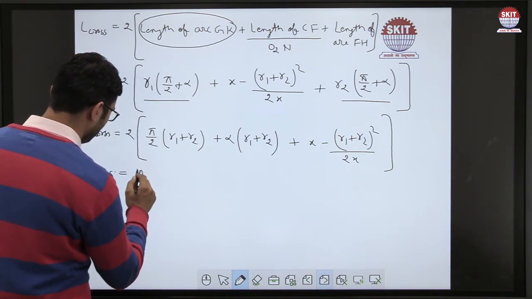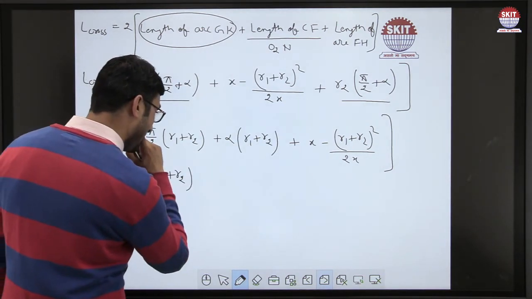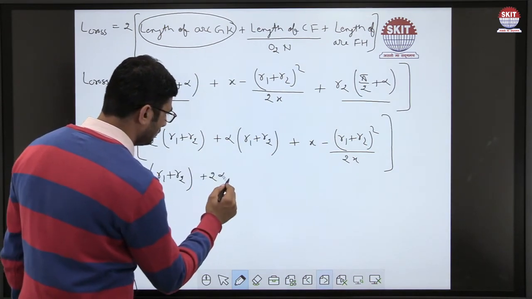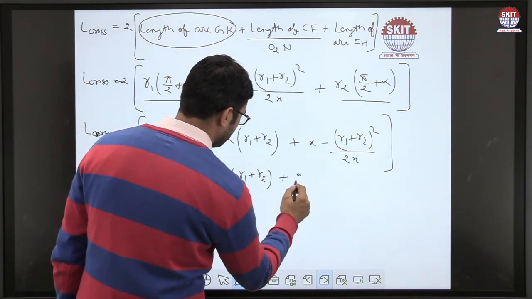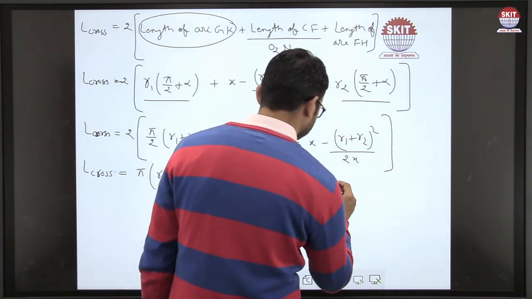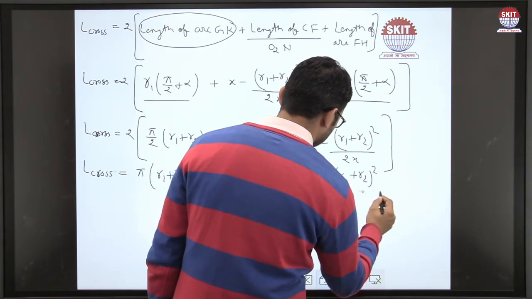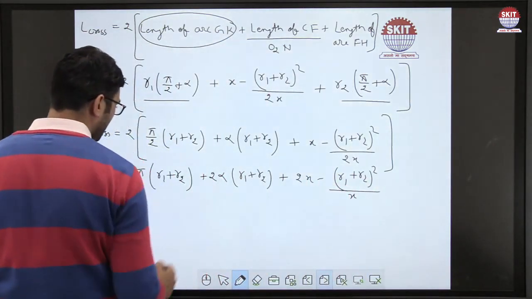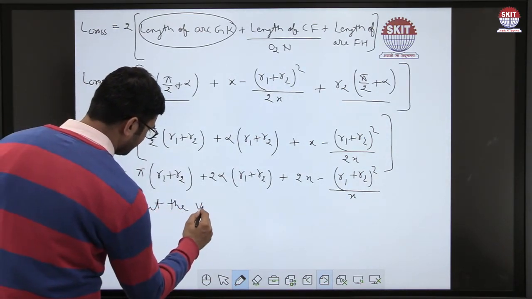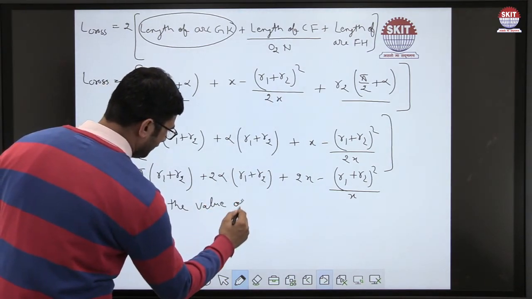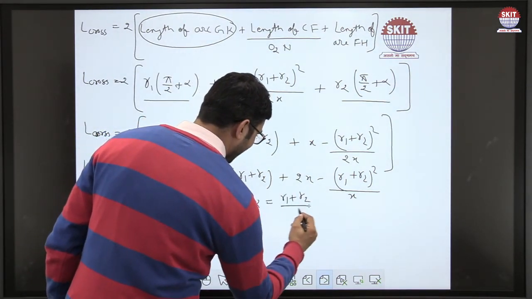Then the equation is pi (R1 plus R2) plus 2 alpha (R1 plus R2) plus 2x minus (R1 plus R2) whole square upon x. Now put the value of alpha equal to (R1 plus R2) upon x.